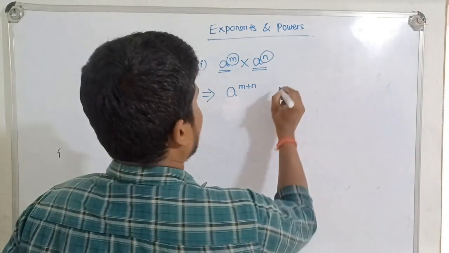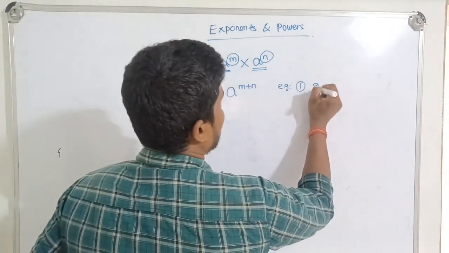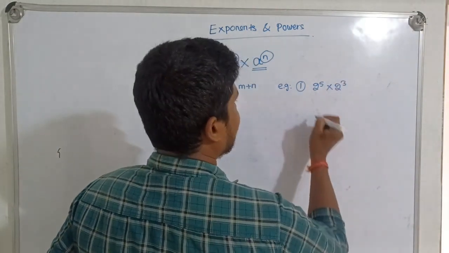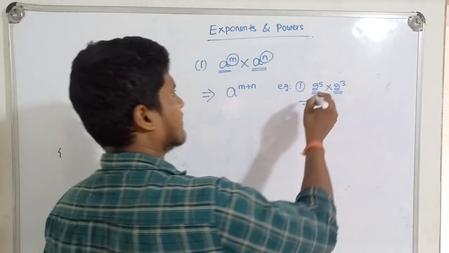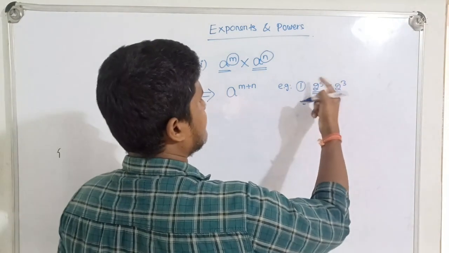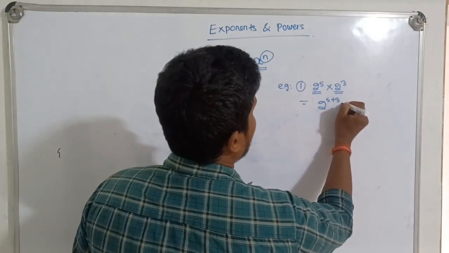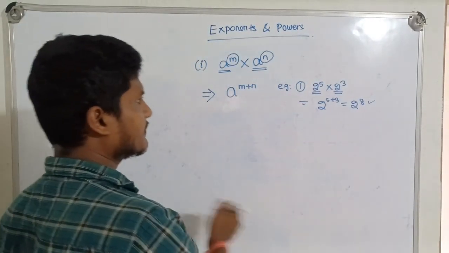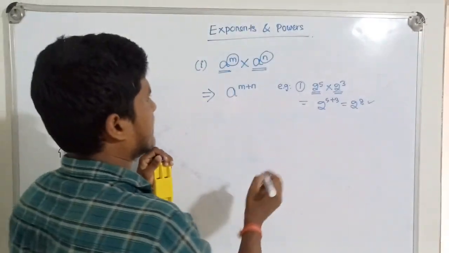Let me take an example. Example 1: 2 to the power 5 multiplied by 2 to the power 3. Here the bases are the same and the powers are different, so just take the base and add the two powers. That means 5 plus 3, so 2 to the power 8. Clear? This is the first type of question.